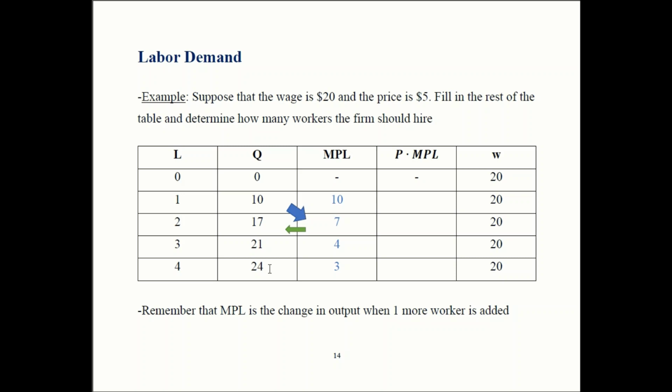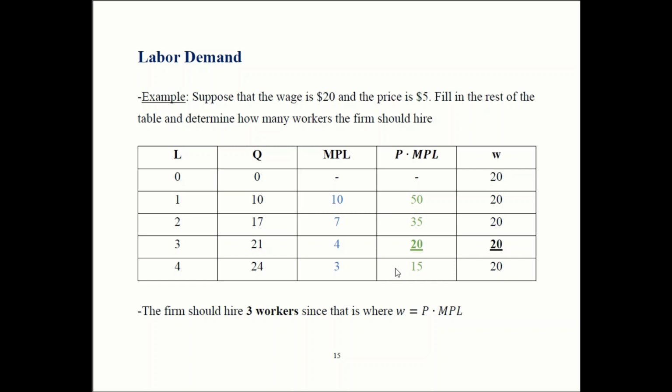Next step is to find the value of the marginal product by multiplying that by price. The price is 5. So if the MPL is 10, then price times MPL is going to be 50. 5 times 10 is 50. 5 times 7 is 35, so the value of MPL is going to be 35. And 5 times 4 is 20. 5 times 3 is 15.